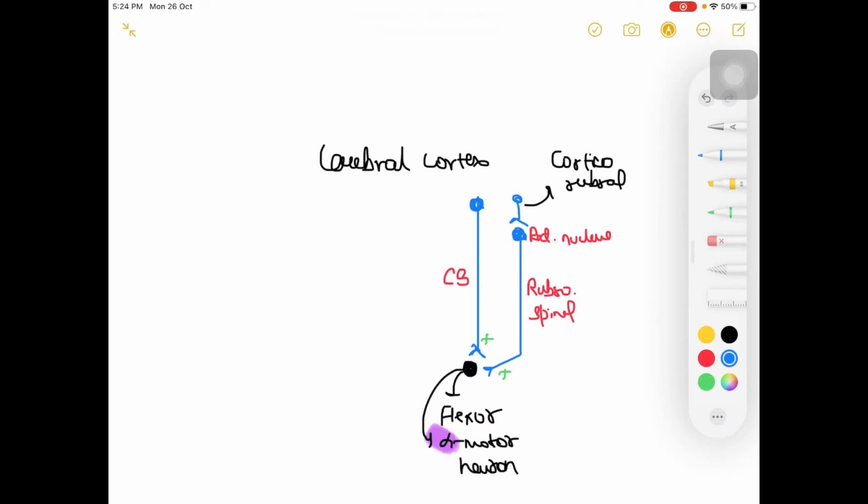So now let's move to our medial medullary system. So what were these? These were reticulospinal tract. So one is pontine, another is medullary. So let's categorize it pons, and this is medulla.